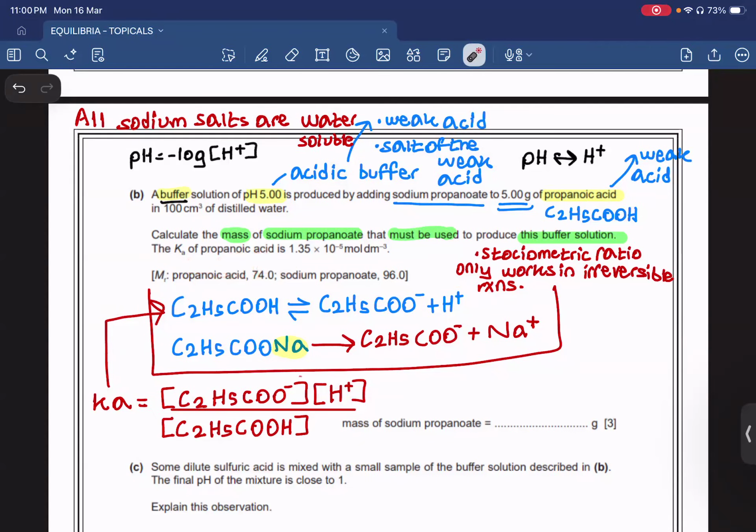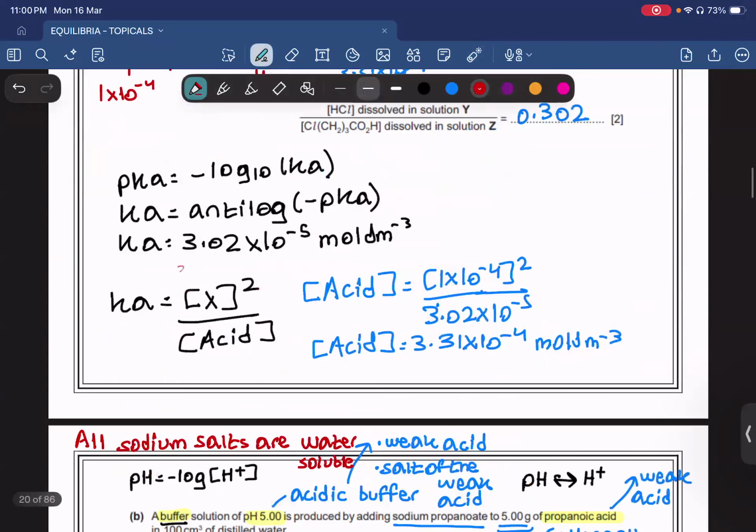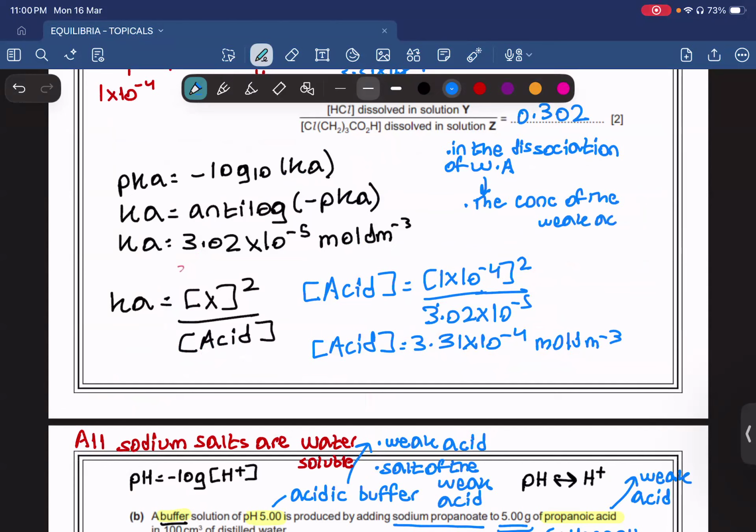And always remember this. In the dissociation of weak acids, which is what we just did right now, the concentration of the weak acid before and at equilibrium remains the same.